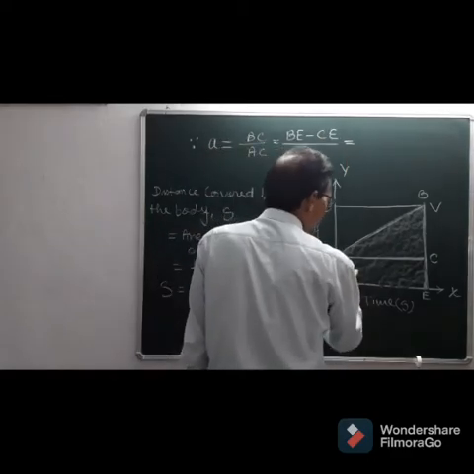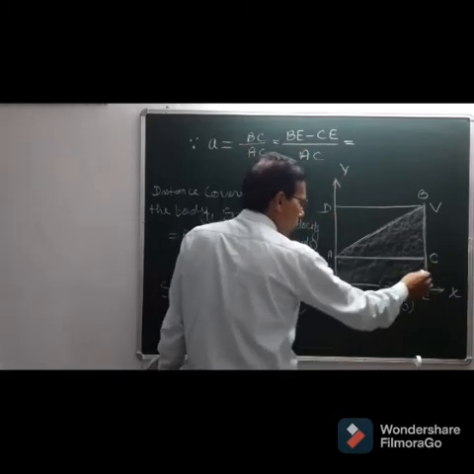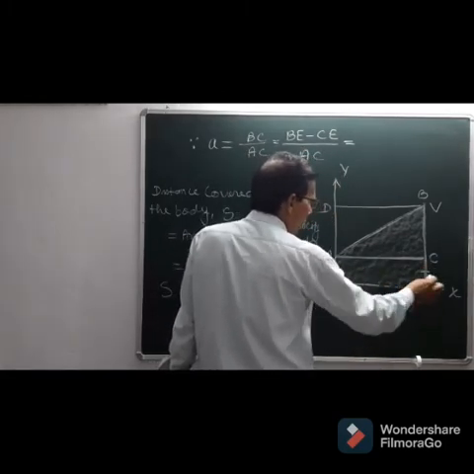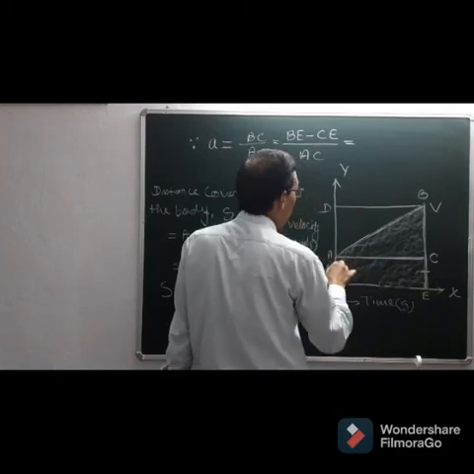Again, OACE is a rectangle, so this side is equal to this side. So in place of CE we can write OA.